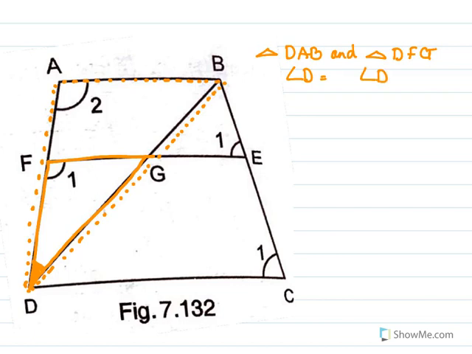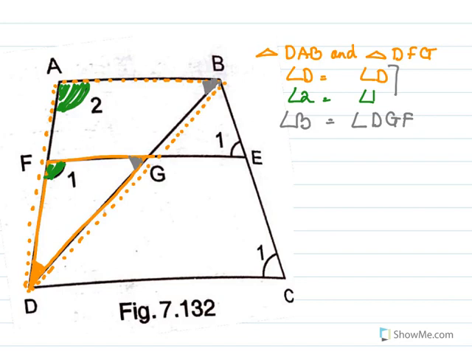Now for the corresponding angles, this angle 1 will be equal to angle 2 because they are corresponding angles. Alright, angle DAB is angle 2 equal to angle 1. And then on this side also we have angle G and B will be equal. So we have angle B, which belongs to the big triangle, equal to angle DGF.